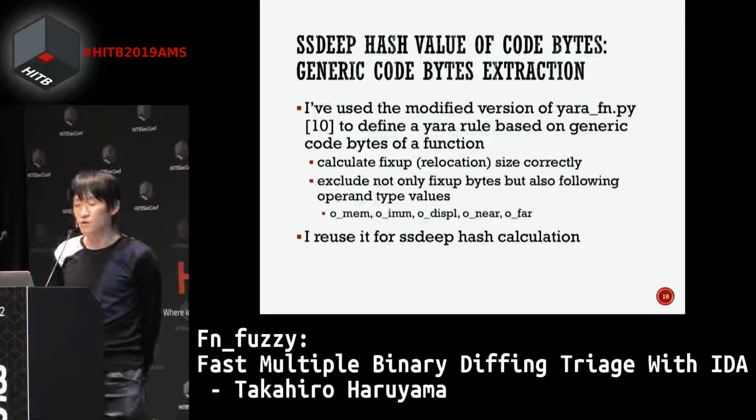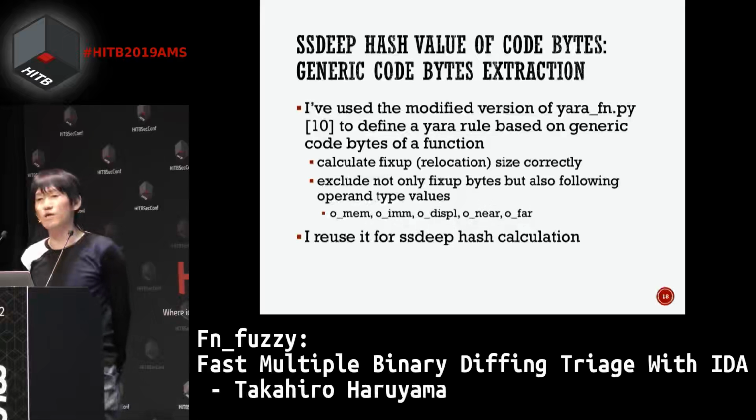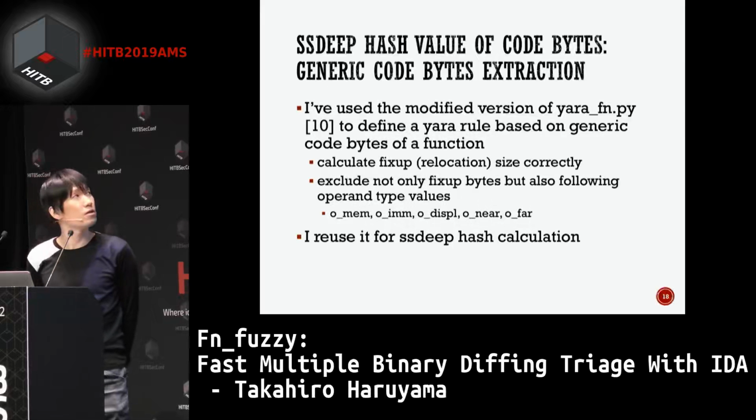The modified version calculates fix-up code size correctly, and it excludes not only fix-up bytes, but also other operand data, like direct memory reference, immediate value, register displacement, near and far calls. So the extracted code bytes can be more generic.